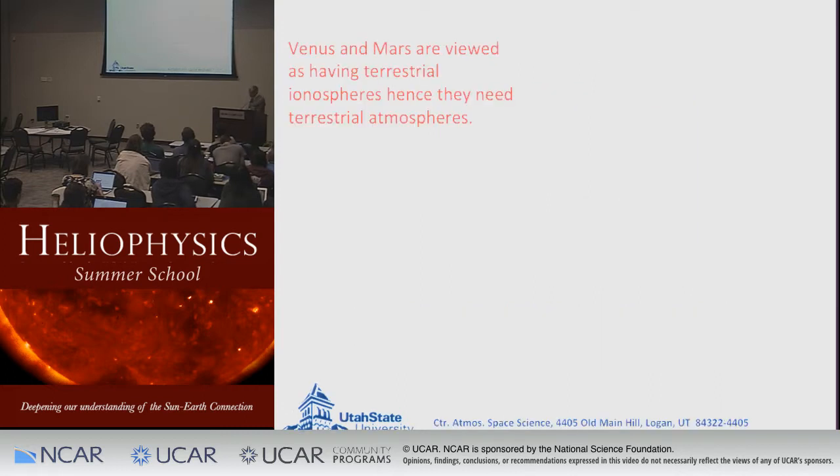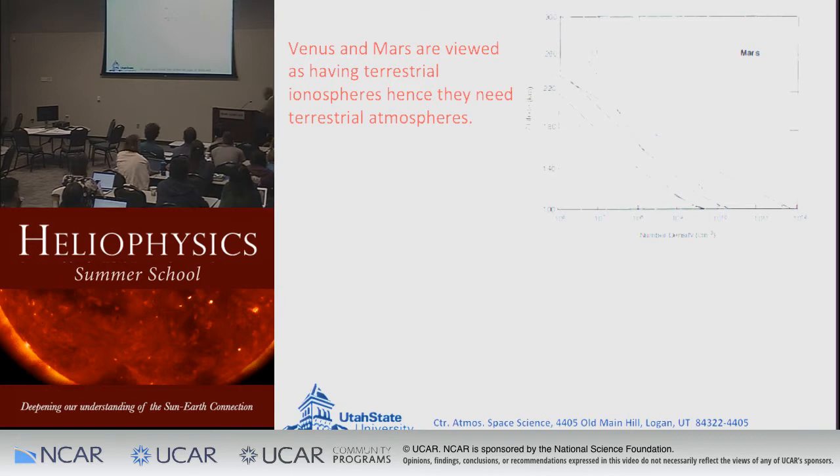Okay, so of course you've already heard about this too, that the neutral atmospheres on both Venus and Mars are referred to as terrestrial type atmospheres. Their composition isn't quite terrestrial. What's the big difference between Mars and Venus and us? What's the dominant species in the atmosphere at these altitudes?